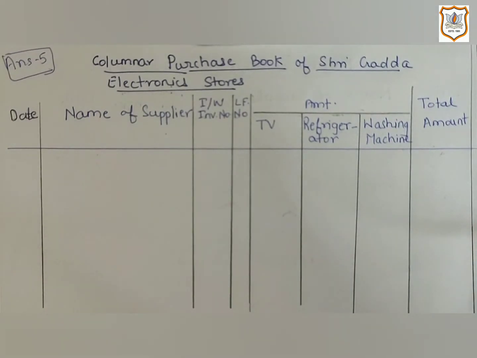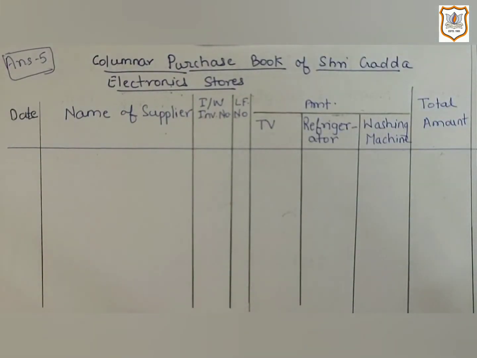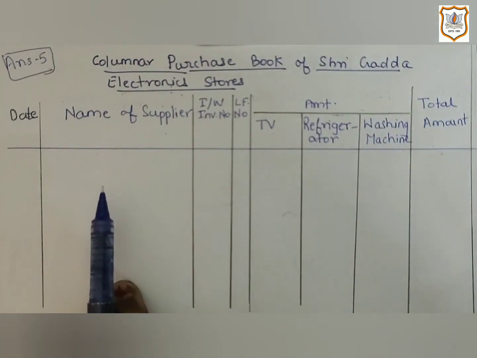Now as this transaction is a credit transaction, it is a credit purchase of goods. Here one thing you must remember, that TV, refrigerator and washing machine will not be treated as assets. They will be treated as goods for Gadda Electronics because these are the items in which Gadda Electronics is dealing with. Now as it is a credit transaction, it will be recorded here.